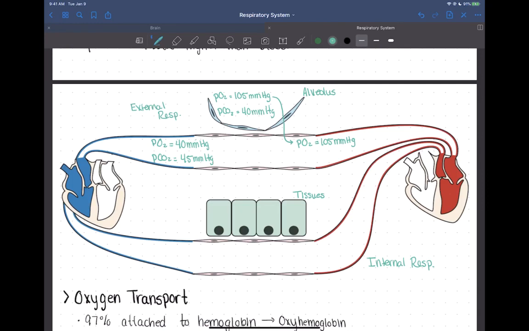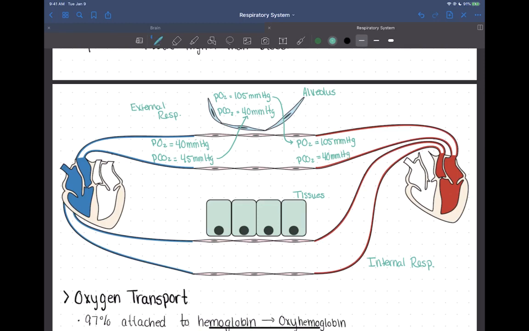And so it's going to want to move out, from high to low pressure. All right, so it moves out to the alveoli where it can then be exhaled, in the air we breathe out. And so that would leave the PCO2 in the blood at 40 millimeters of mercury.